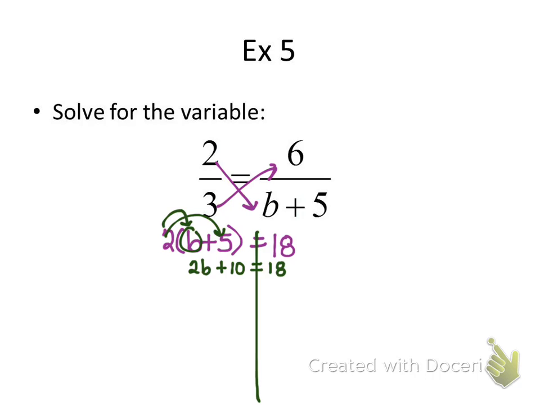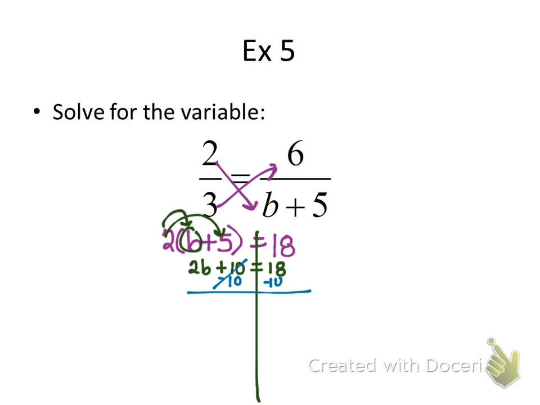Now, how many step equation do I have to solve here? How many numbers do I have to get rid of on this side? There's 2 numbers, so I'm going to have to do a 2 step equation. So I want to get the b by itself. What number do I get rid of first? The 10. What's the opposite of plus 10? Minus. Subtraction. So whatever I do to one side, I do to the other.